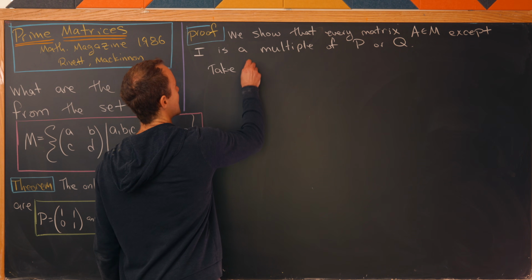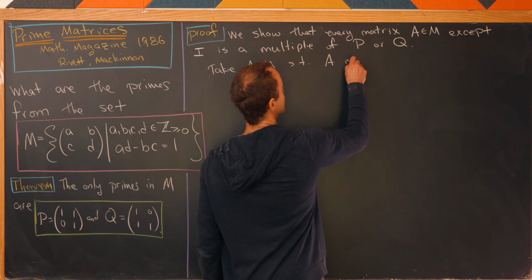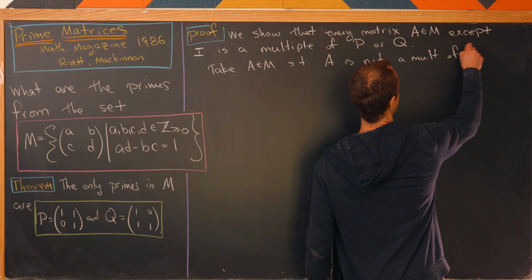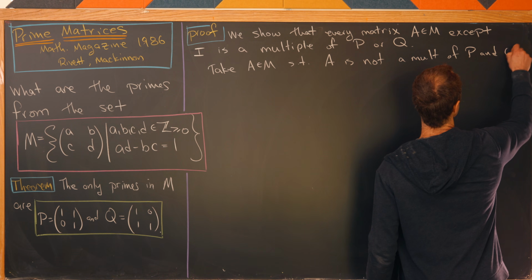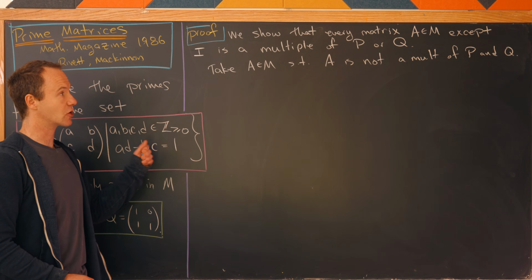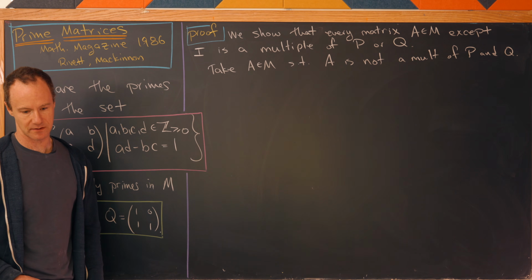So let's take an A in M such that A is not a multiple of P and not a multiple of Q. Then, like I said, our goal is to show that A is the identity. That'll prove this statement.